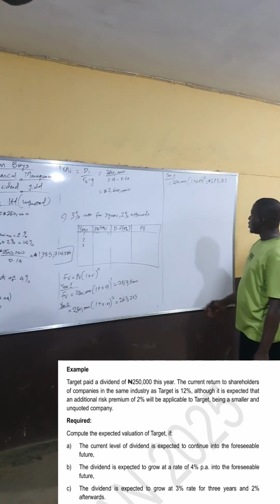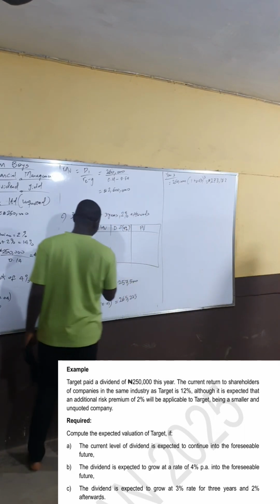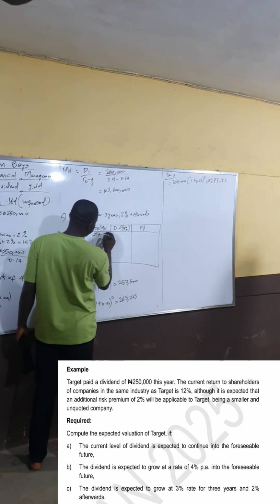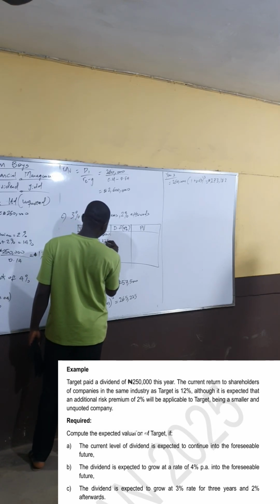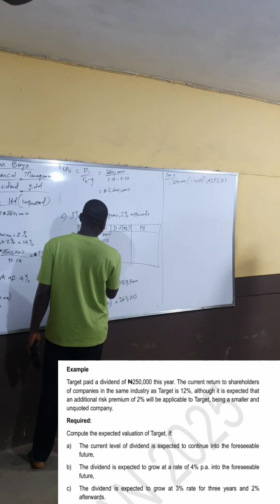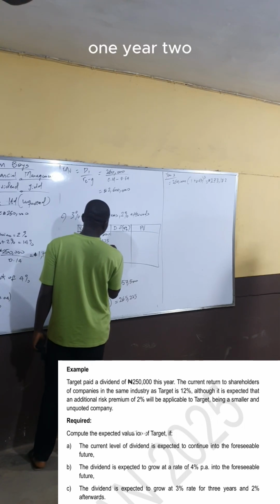So now let me put all these values: 257,500, 265,225, and 273,182.